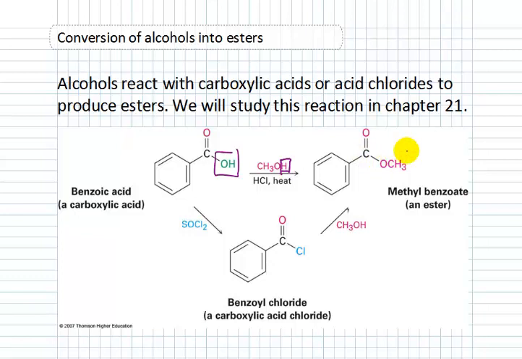Can also do that if I have an acid chloride, C double bond O Cl. I can react with an alcohol again to make an ester, condensing this time with H and Cl. So, just have a little bit of awareness for that right now, but we'll save that till chapter 21.